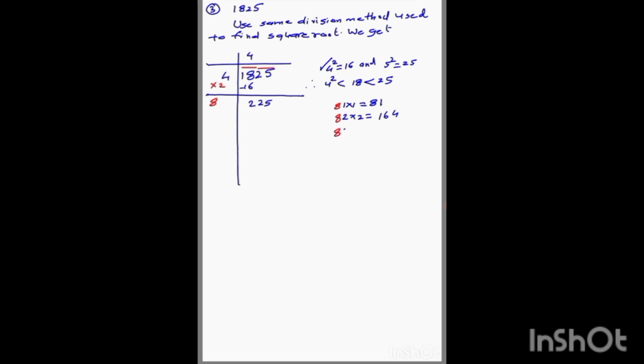Just to understand it, I have given it in red. 83 into 3 is 249. Yes, it is 249. 84 into 4, but you did not go ahead because you have already crossed 225. So take a lesser one. This is less, so take that. So 82 into 2 is 164.